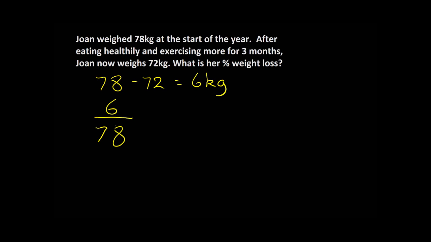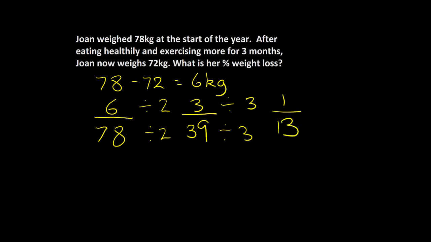So now we're going to simplify this. So we're going to divide by 2. That will give us 3 over 39, which we can simplify one step further, dividing by 3. Now we've got 1 over 13.